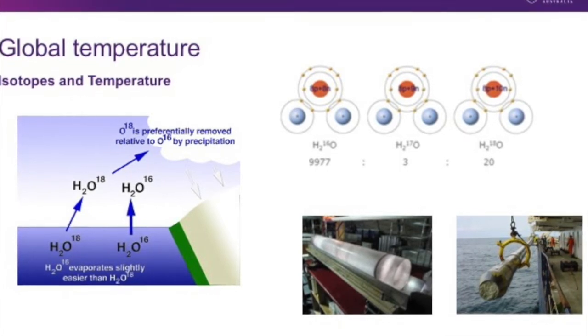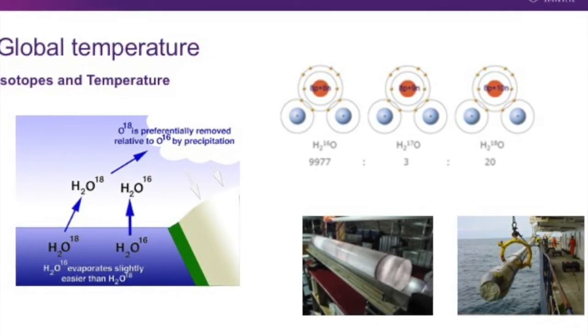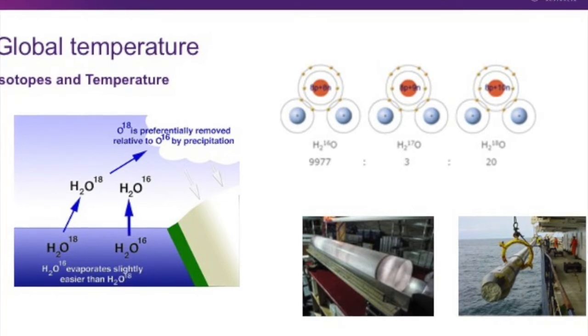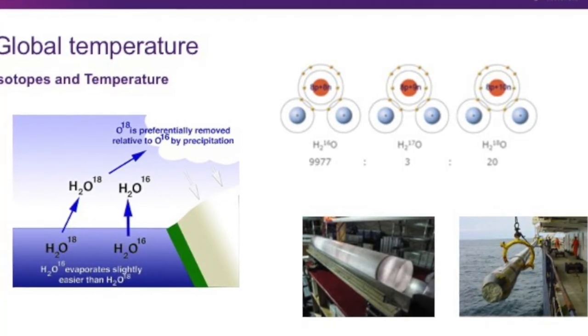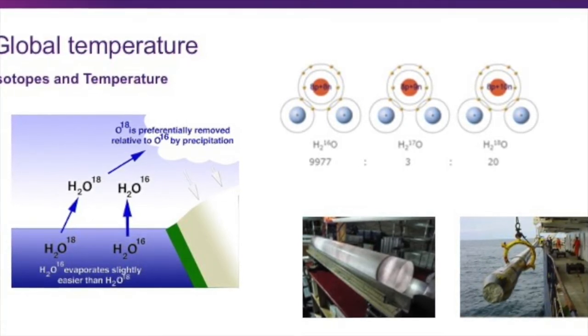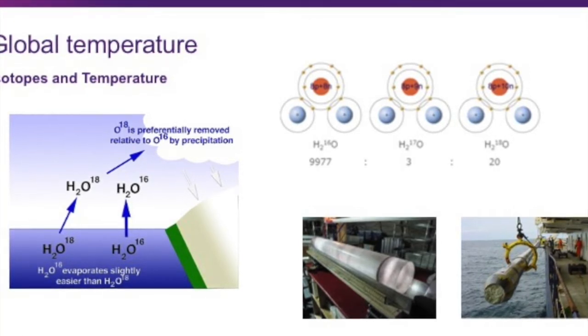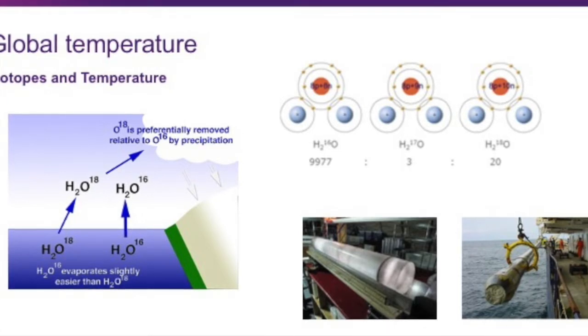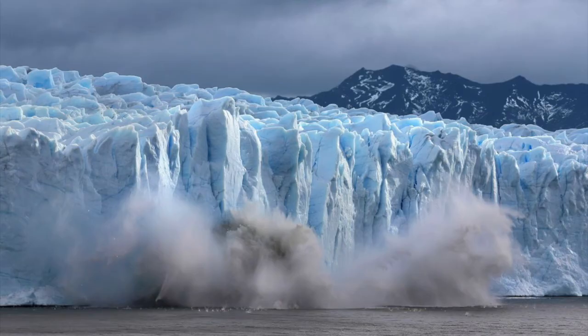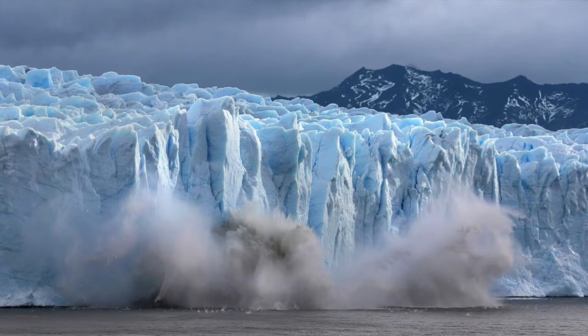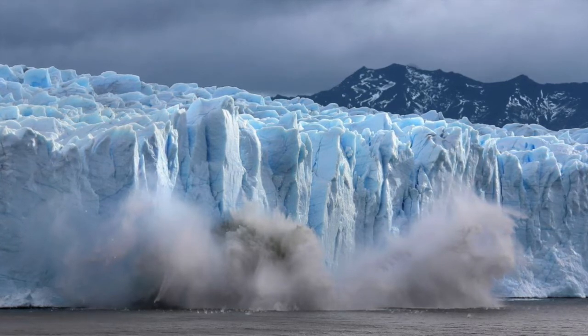And for oxygen, which is 16, we have the heaviest one being 18, right? Since these isotopes are heavier, they will tend to evaporate less in the ocean, and therefore we will find them less commonly on the Arctic and Antarctic ice, right?